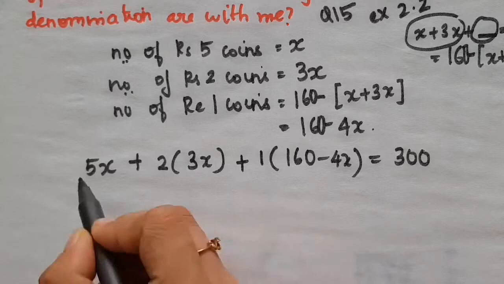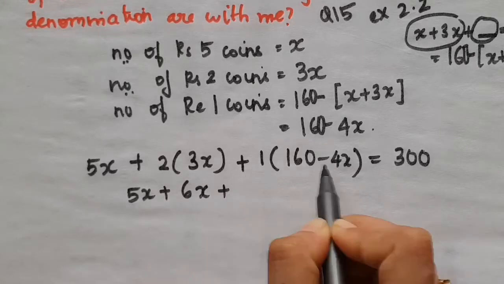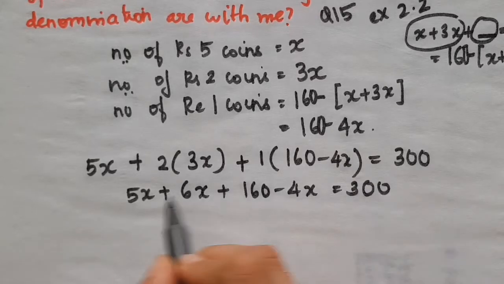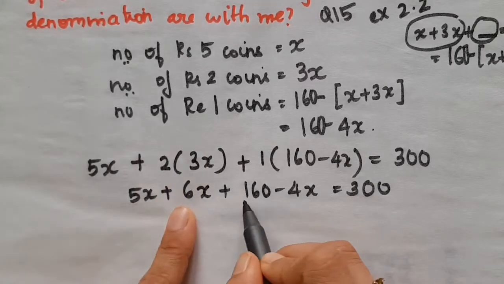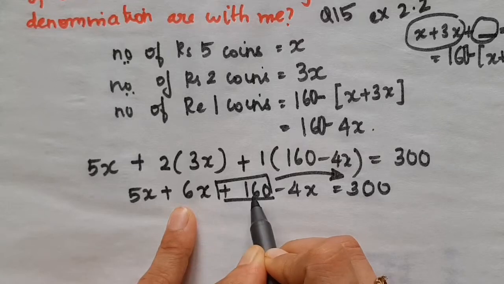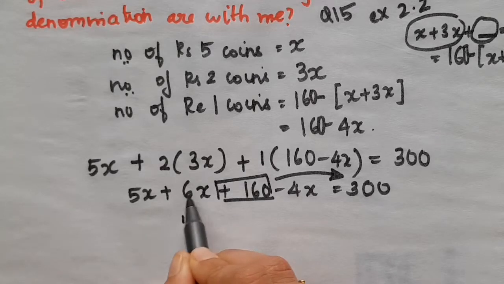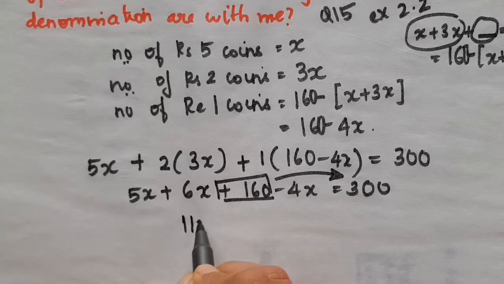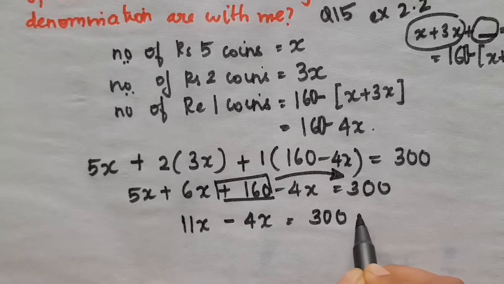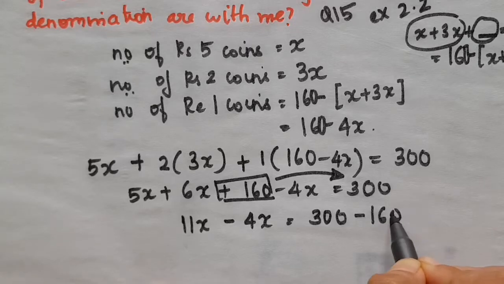Now solve this equation. So open the brackets. 5x plus 2 3s are 6x plus 160 minus 4x, because it's 1, is equal to 300. So leave the x terms here in the LHS and take the plus 160 to the other side. Let's add these x terms: 5x plus 6x is equal to 11x, minus 4x is equal to 300 minus 160, because when you take the plus to the other side, it becomes minus 160.